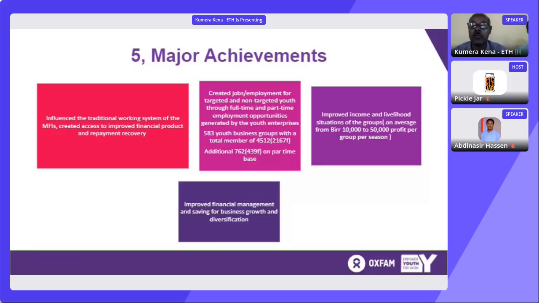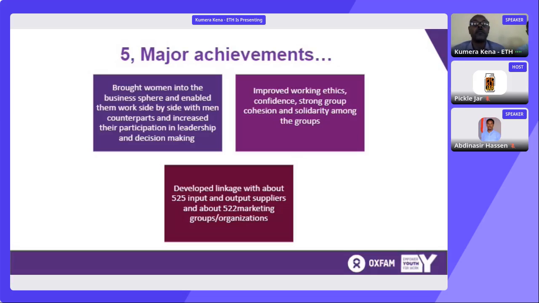The other achievement is, as I mentioned, that the scheme brought many women into business activities. It also improved the working ethics and confidence of the youth groups, and they have developed strong group cohesion and solidarity among themselves.